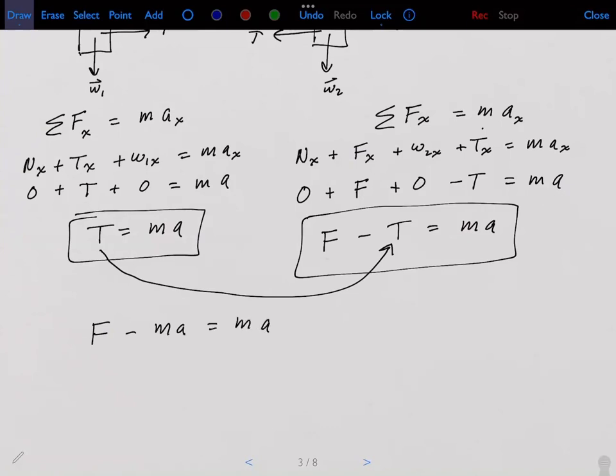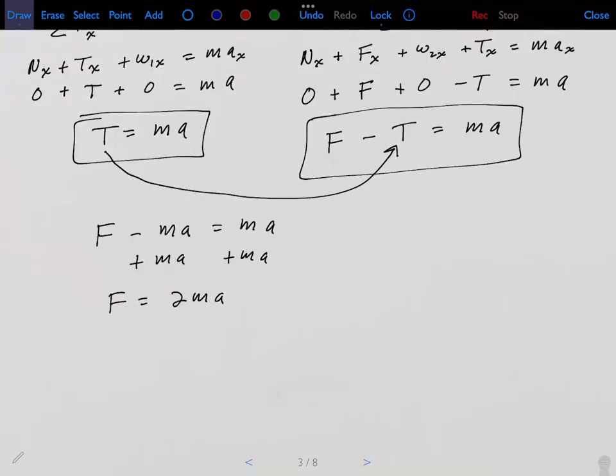And then I'm going to solve this for a. So I'm going to add ma to both sides. So F equals, this is going to be 2ma. And then finally, I'm going to divide by 2m.